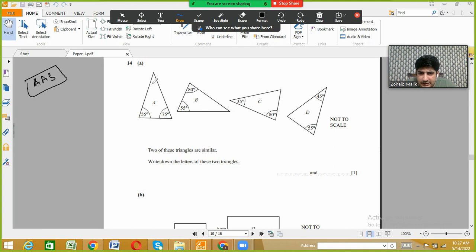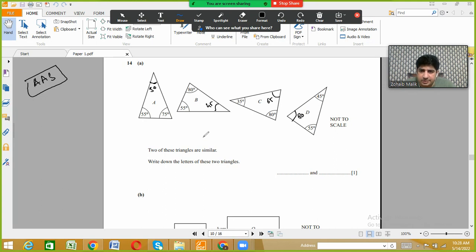So if I find the third angle of every shape: 75 and 55, the sum is 130, so what is left is 50. If this is 80 and 55, this is 135, and this is 45. 80 and 35, this is 115, which means 65. And this one is 45 and 55, 100, and this is 80.